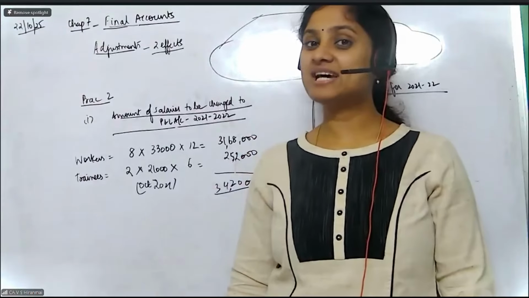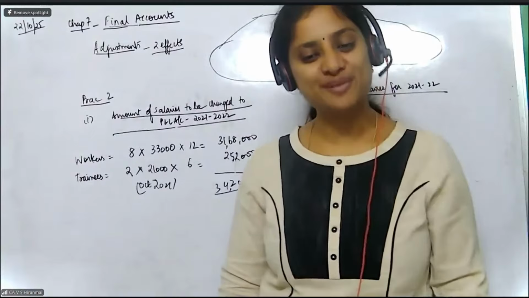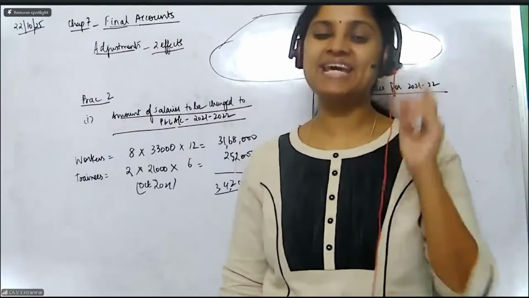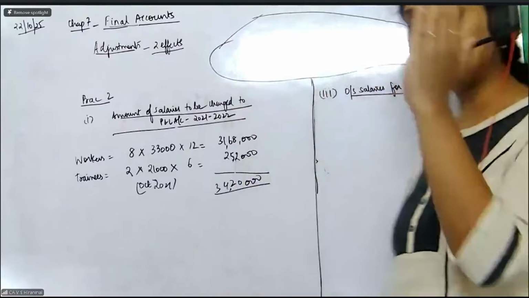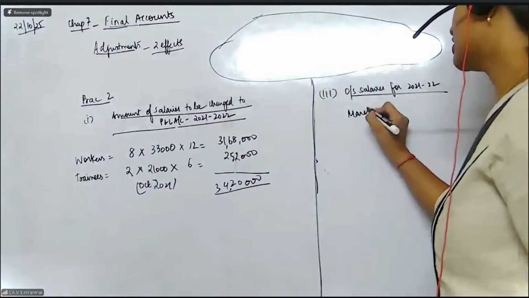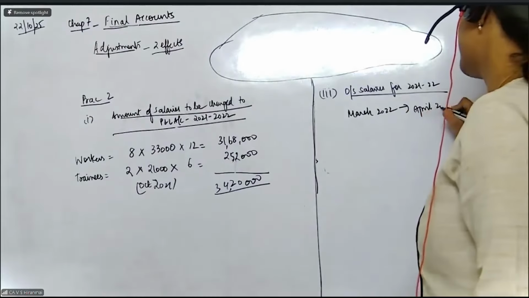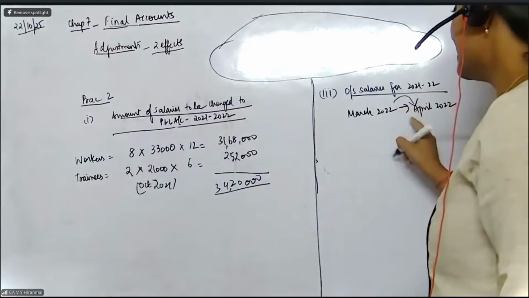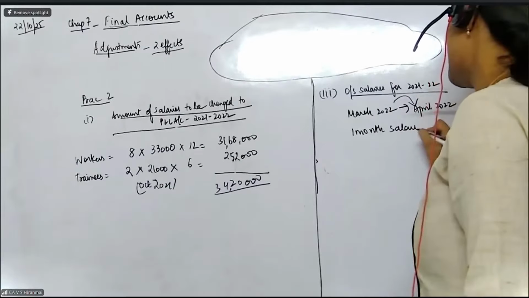It will be paid in the month of February. So in that case, March 2022 salary will be paid only in April 2022. That is the next year. So 1 month salary is in arrears.